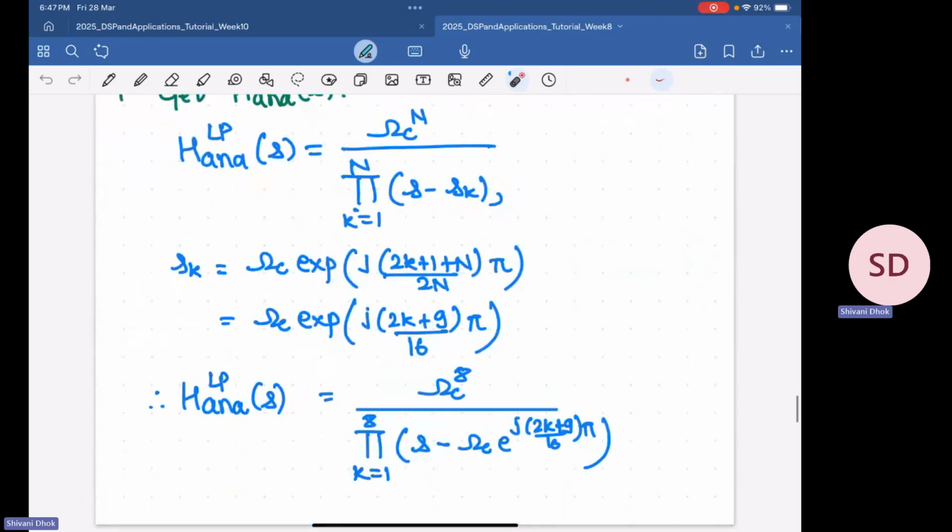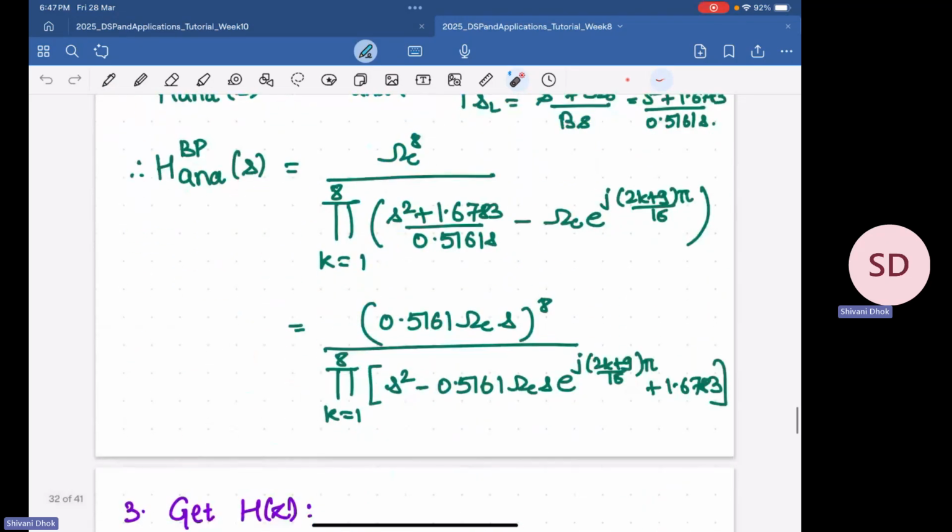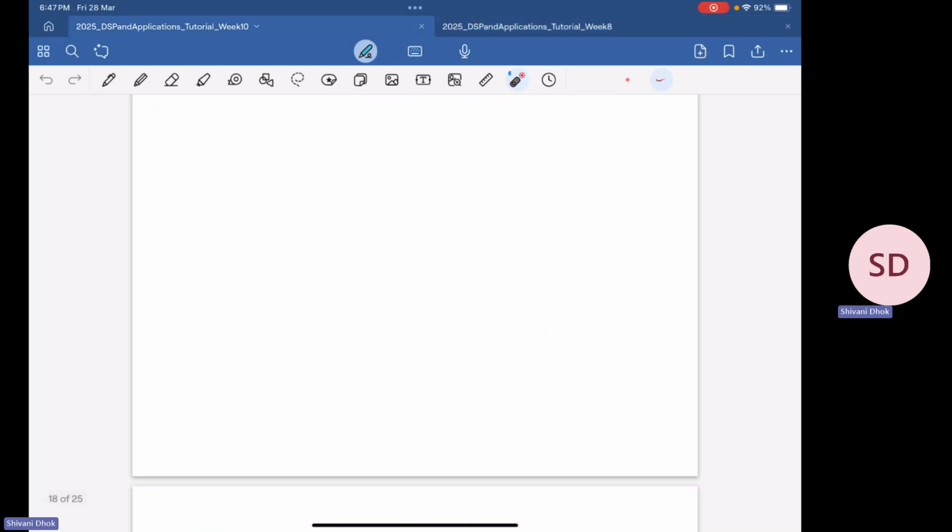When we simplify and substitute, we observe s square terms appearing n times. So the order of the band pass filter is twice the order of the equivalent low pass filter. So when we did a Butterworth IIR filter for the same specifications, the order that we got was 2 into 8, that is 16.